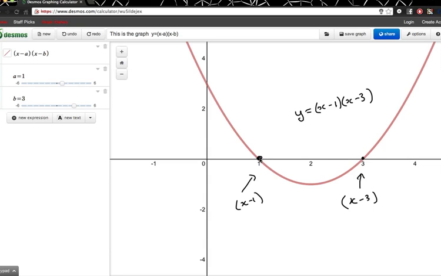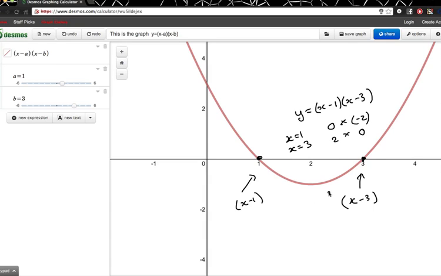So for x equals 1, we've got 0 times minus 2, and for x equals 3, this will be 2 times 0. So a factor being 0 corresponds to the place where the graph crosses the x-axis.